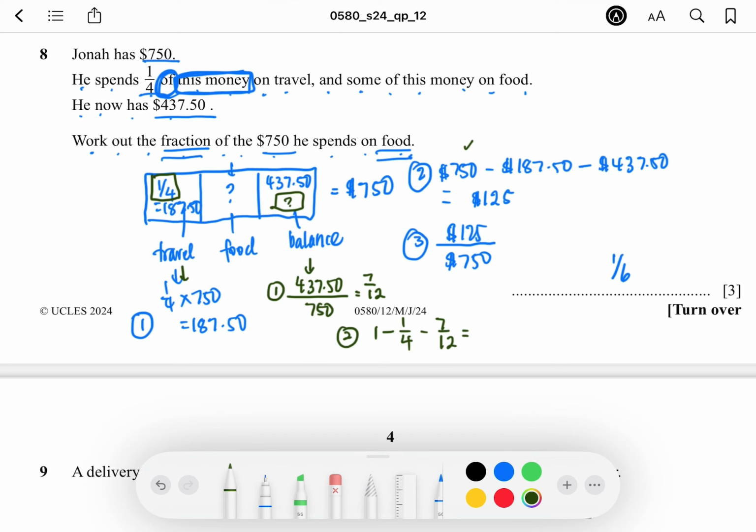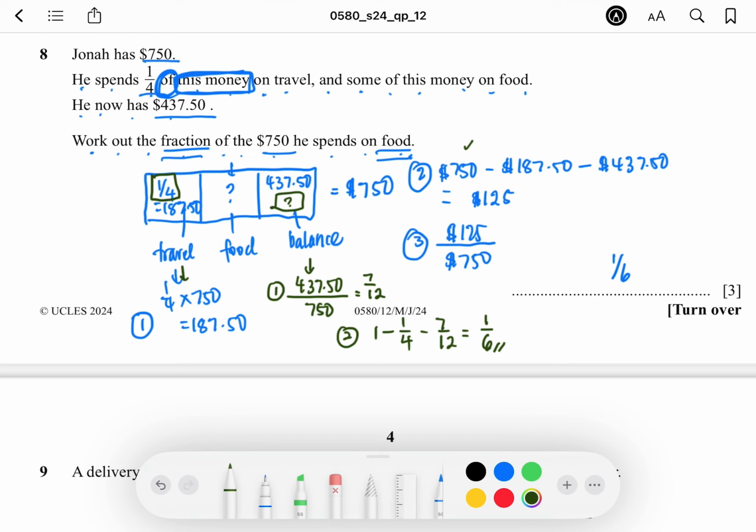Cuba. Kira Ryan, sama ke Indah? Sama. Which one do you find it simpler? First step?